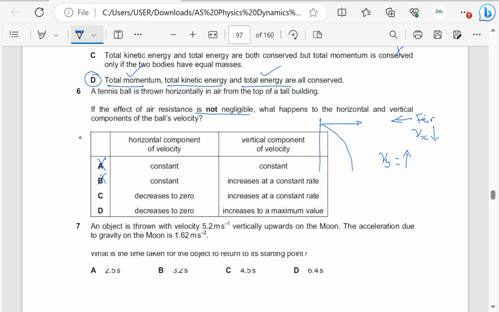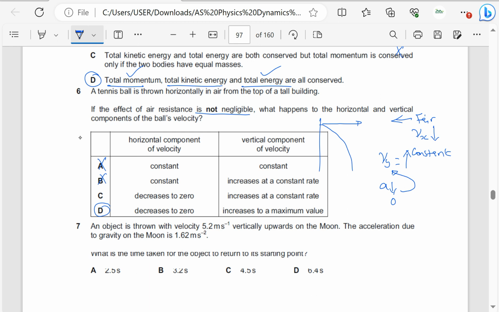But again, it will increase to a constant value because there's air resistance, where the acceleration decreases to zero. When the acceleration decreases to zero, the velocity in the vertical becomes constant. So that means it reaches a maximum value. So the answer is going to be D.